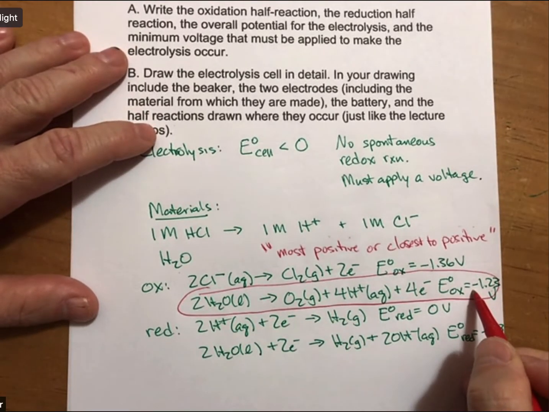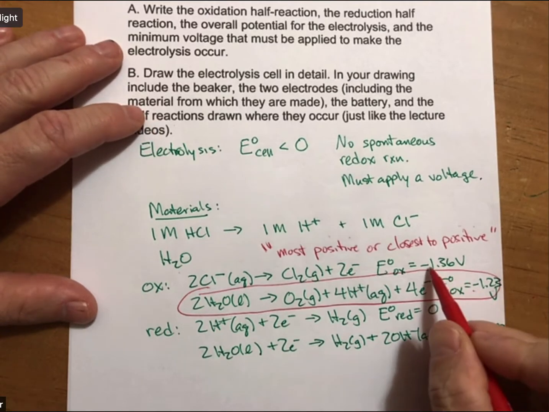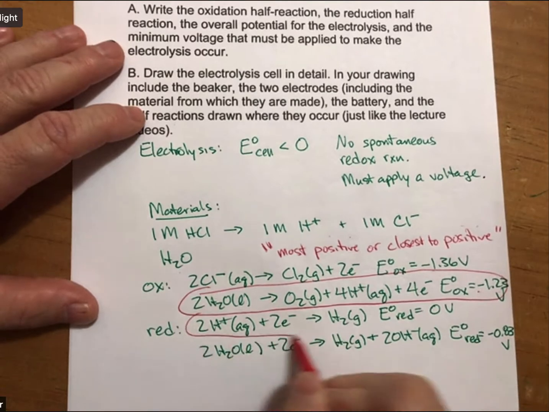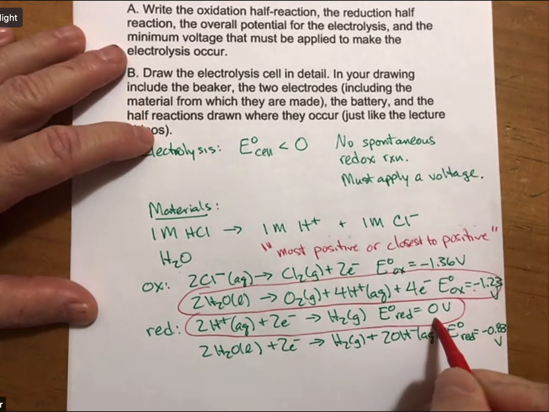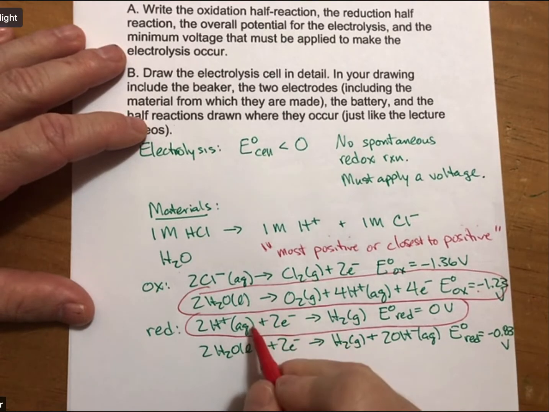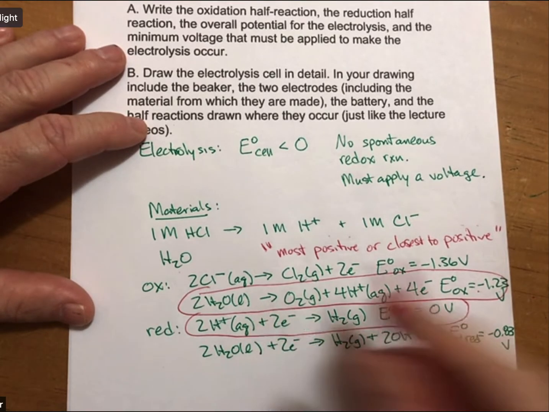Minus 1.23 is closer to positive than minus 1.36. And of these two, 0 is closer to positive than minus 0.83. So these are going to be the 2 reactions that we're going to do.